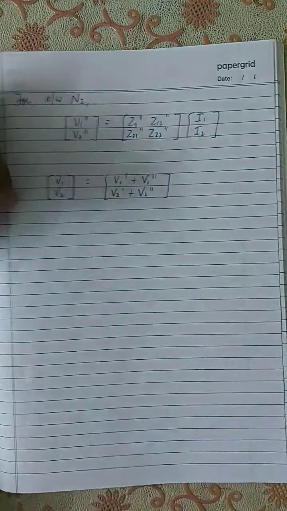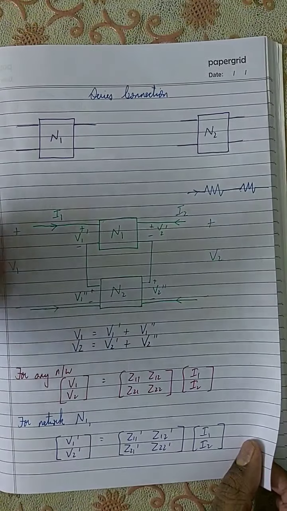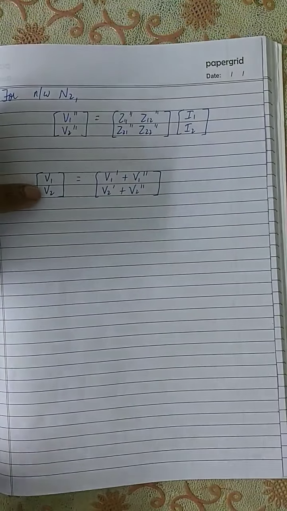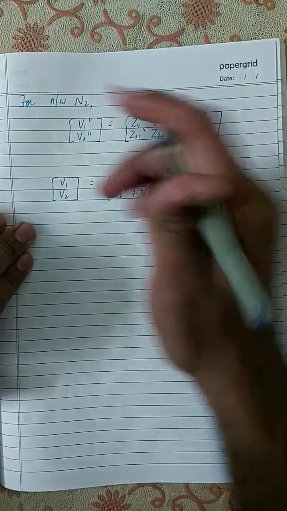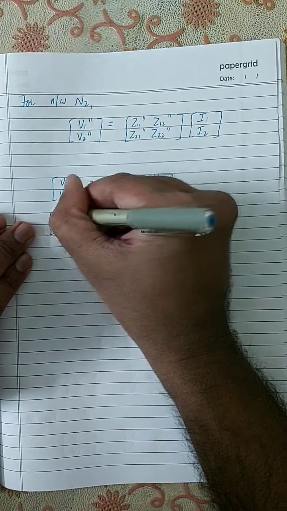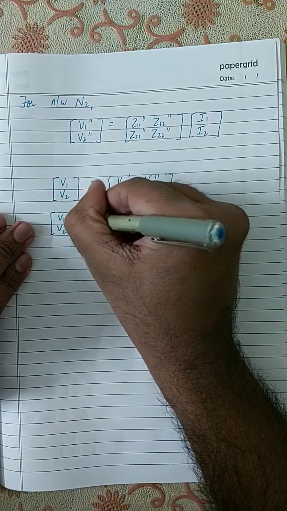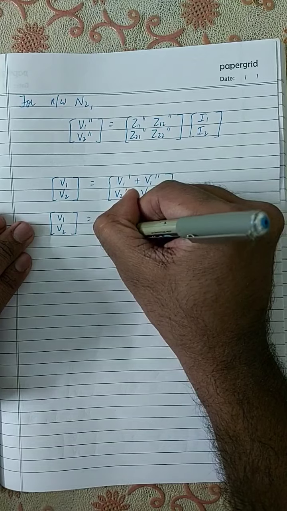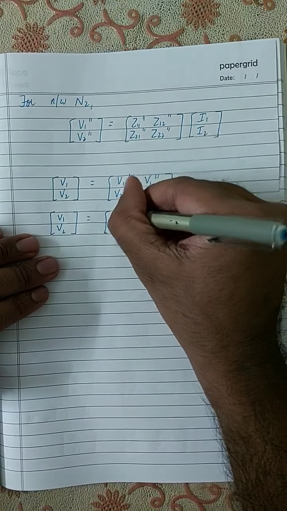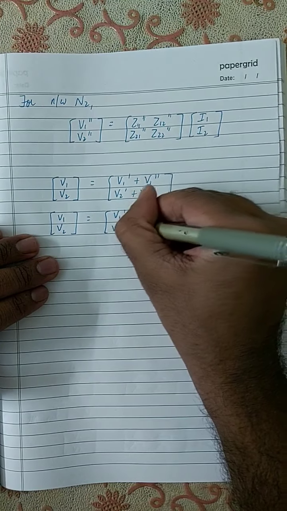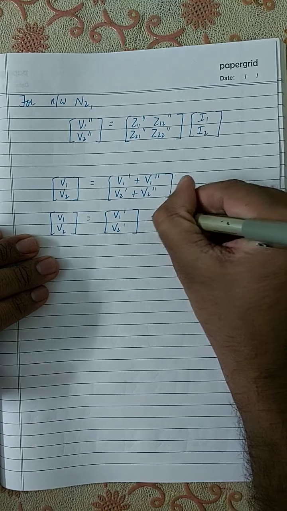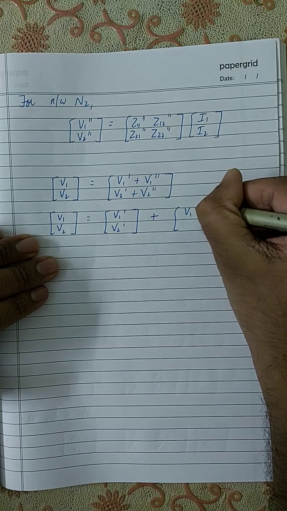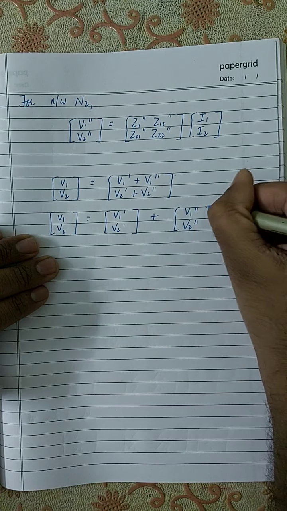This is the matrix form of the equation. So V1, V2 is equal to V1 dash, V2 dash plus V1 double dash, V2 double dash.